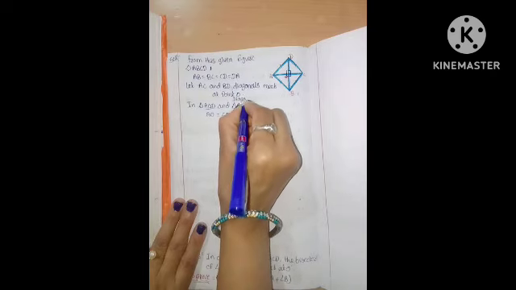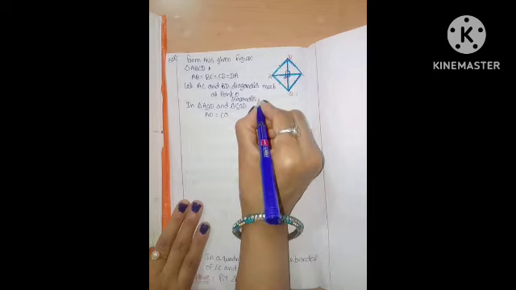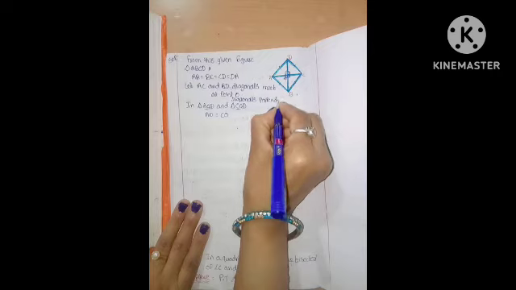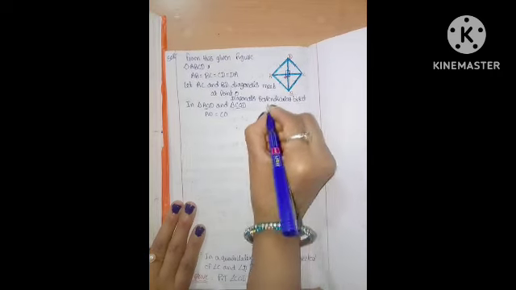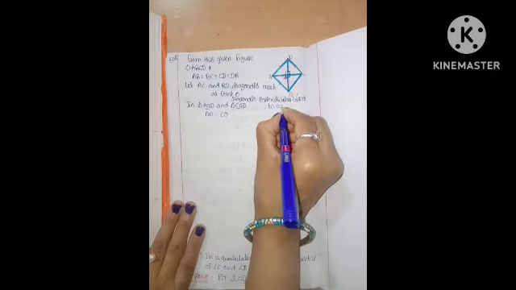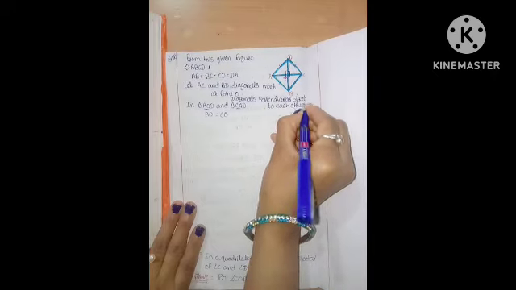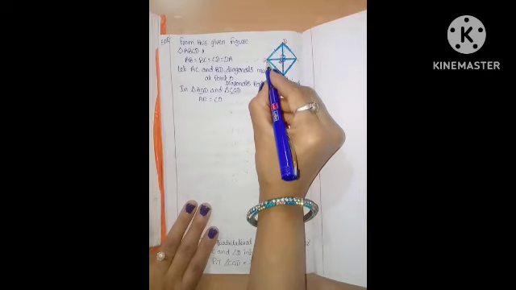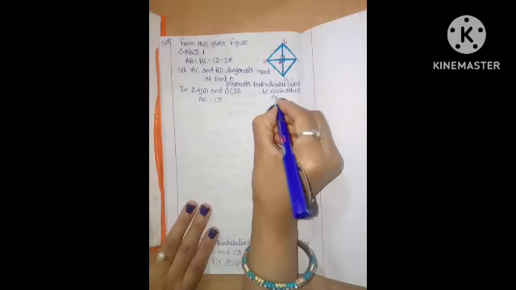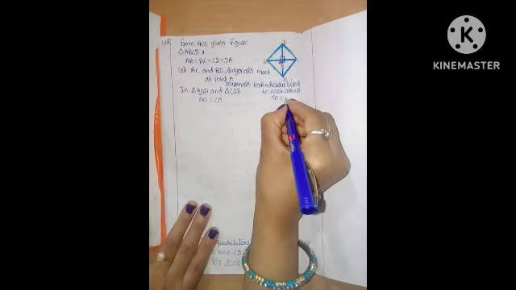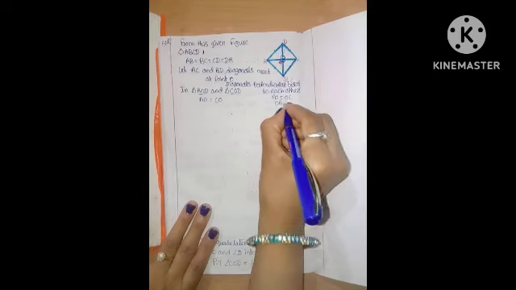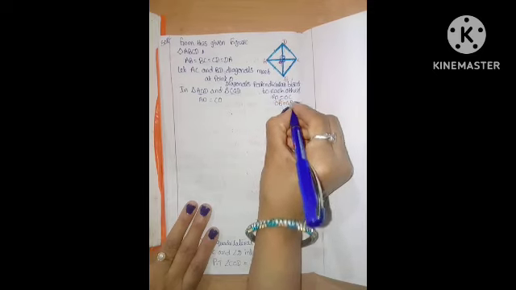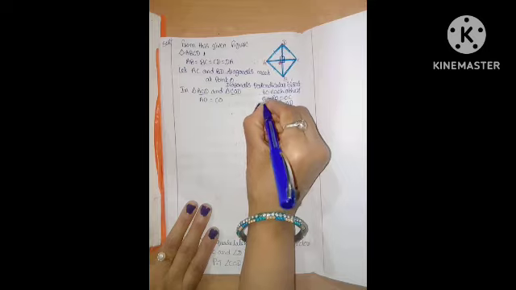One more point here, write it, Gagan Sai: diagonals perpendicularly bisect each other. Bisecting each other means AO equals OC, and next OD equals OB.